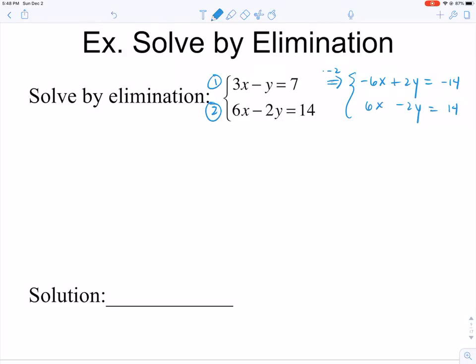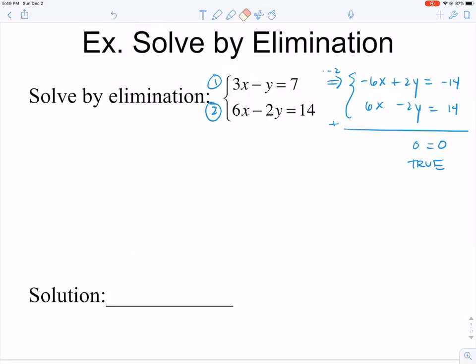But you probably already see it now. When we add straight down, we end up with 0 equals 0. That's true. Which means that there's going to be infinitely many solutions. This is going to be a dependent system.